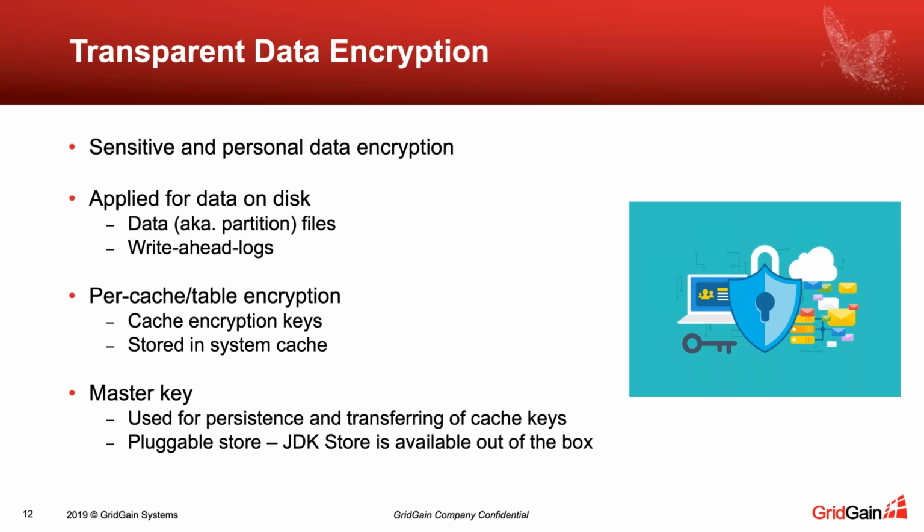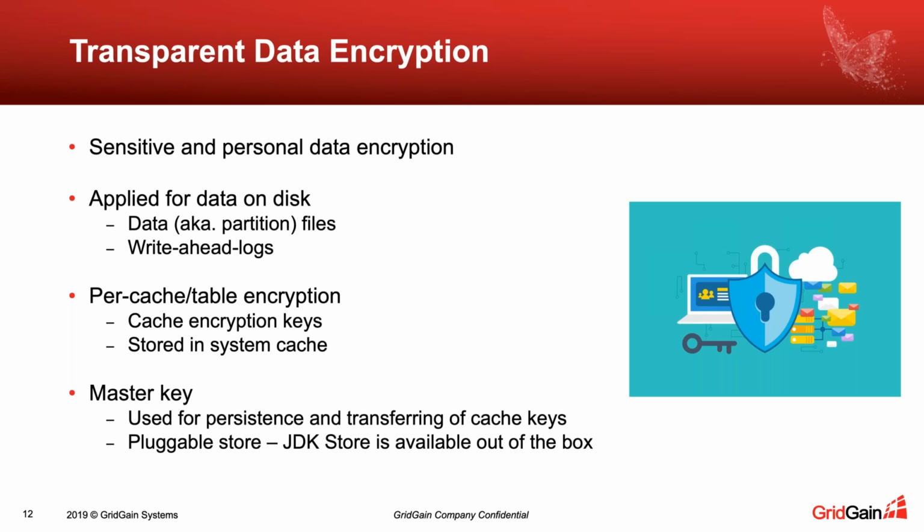The idea is pretty simple. Let's say that your system was hacked. Someone got access to your disk drives, and now he has all of the data. But nobody will be able to decrypt this data if the master key is missing. And the master key can be stored in an enterprise level solution, some service.